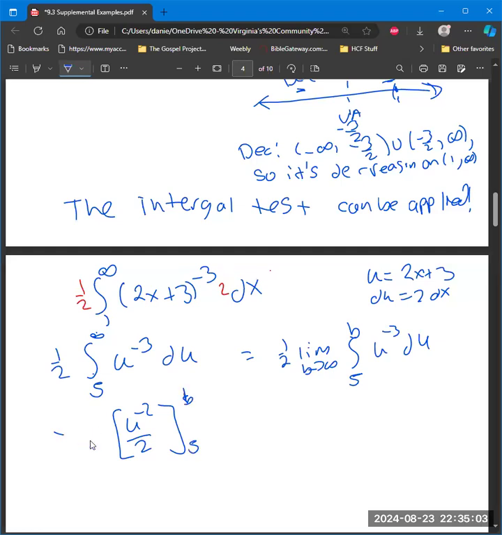This is the limit as b goes to infinity of 1/2 of 1 over 2b squared minus 1 over 2 times 5 squared.